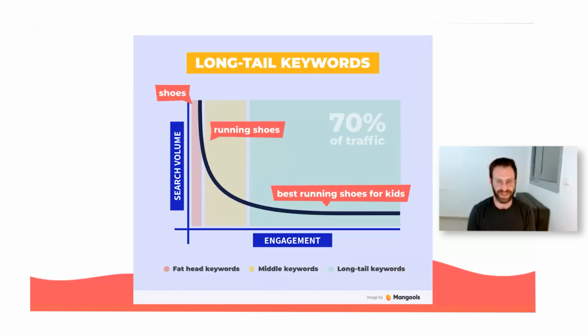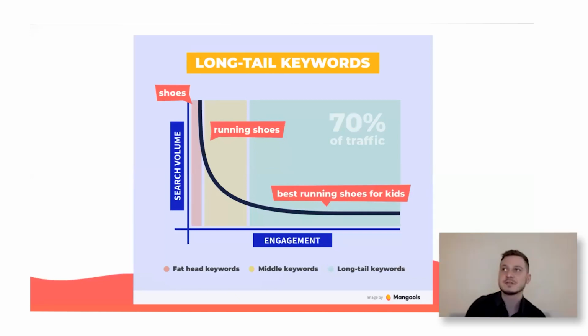Exactly. Fantastic. And how many keywords should you choose when you're choosing to focus on specific keywords? Well, usually you have one focus keyword, but it really depends on the type of the page.